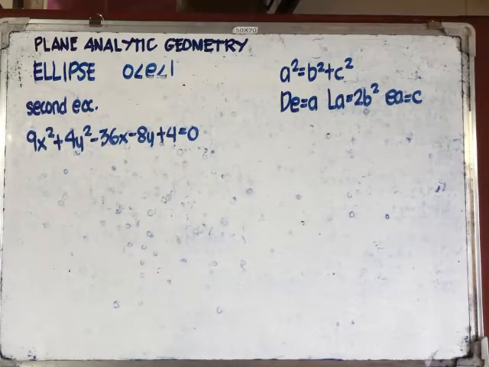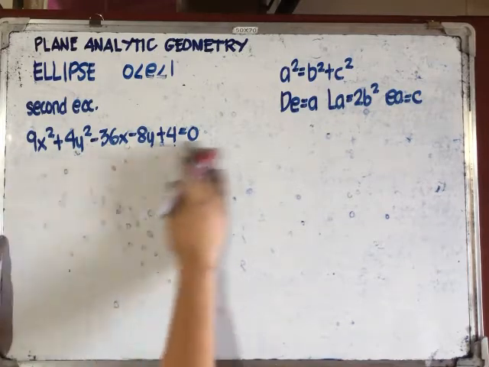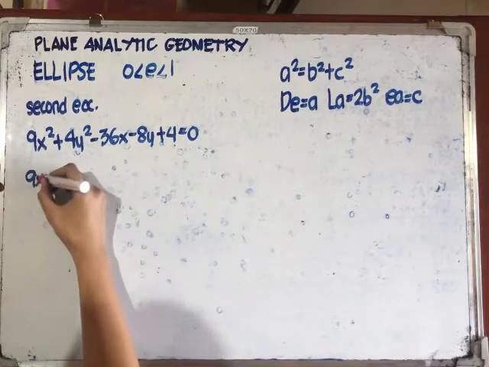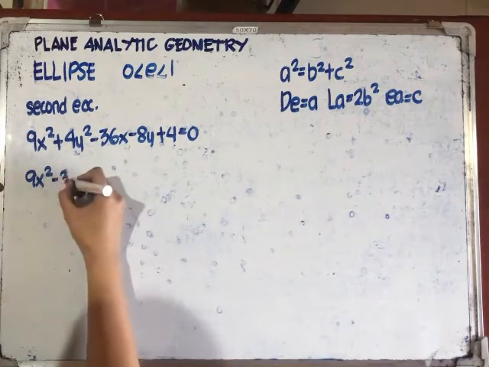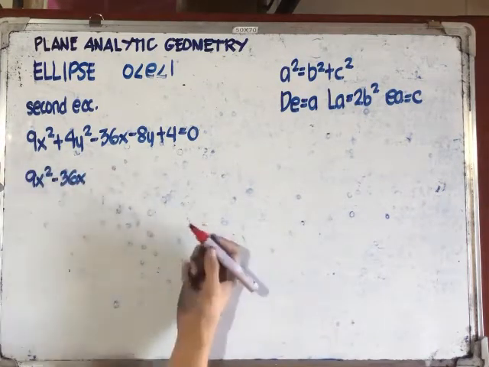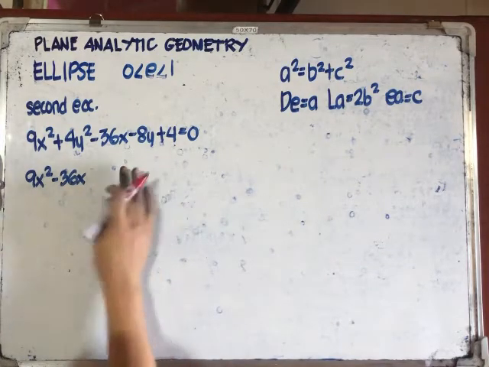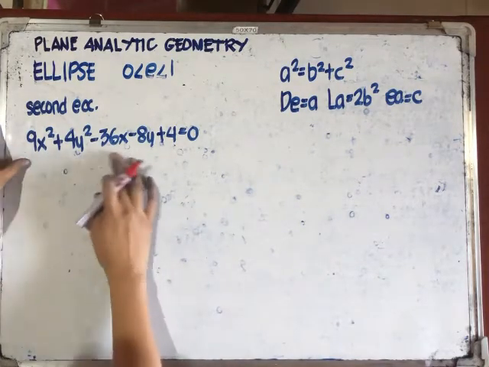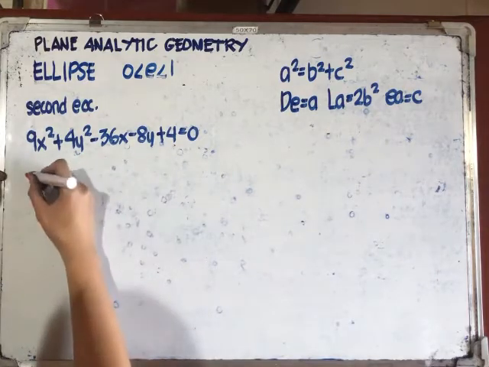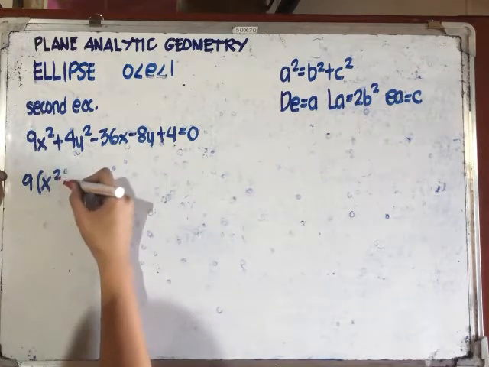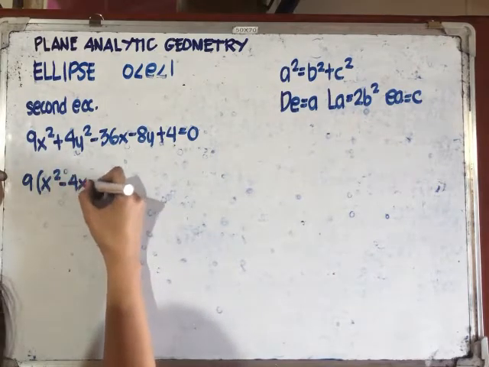So, ang first natin kailangan gawin dito is i-transform muna natin ang ating equation into the standard form. So, that would be 9x squared minus 36x. Ilabas ko na lang yung 9 sa kanila for this one kasi common yung 9. 9x squared minus 4x na lang siya.